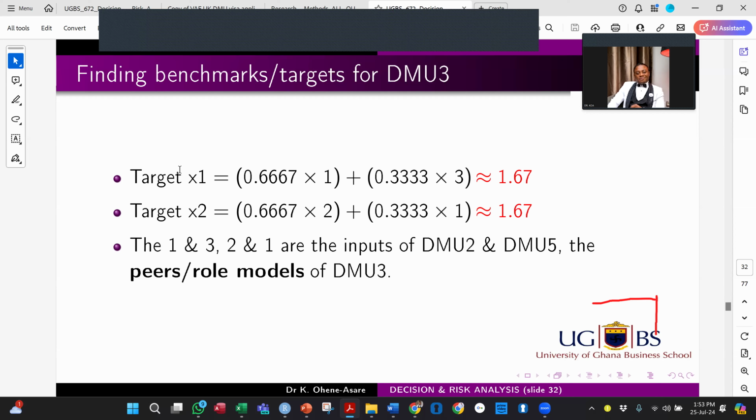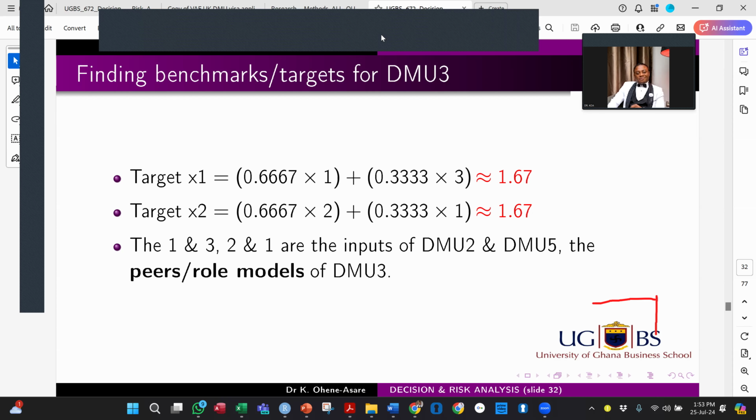So that's the 1 and 3, which we calculated here. And the 2 and 1, these ones here, are the respective inputs of DMU2 and DMU5, who are the role models of DMU3.